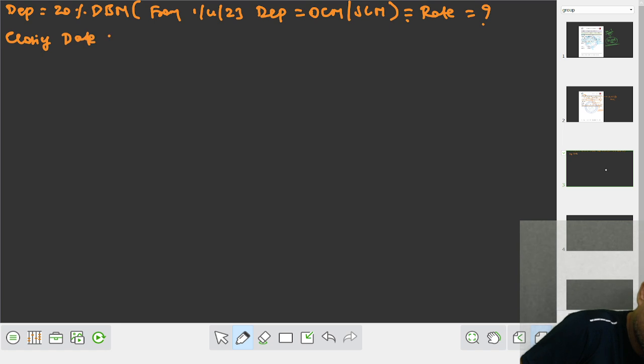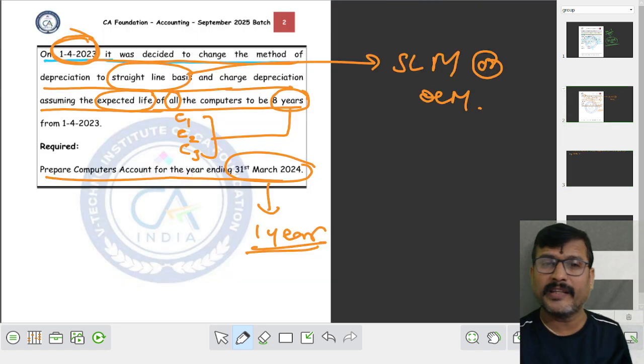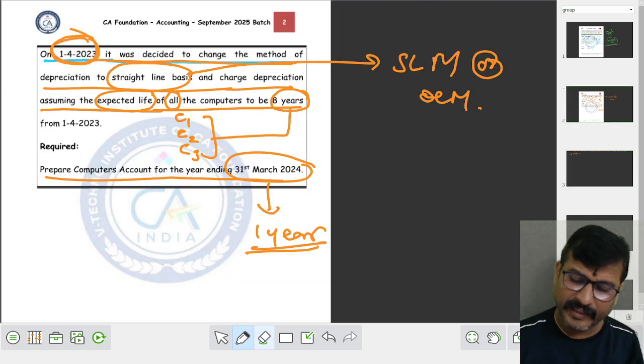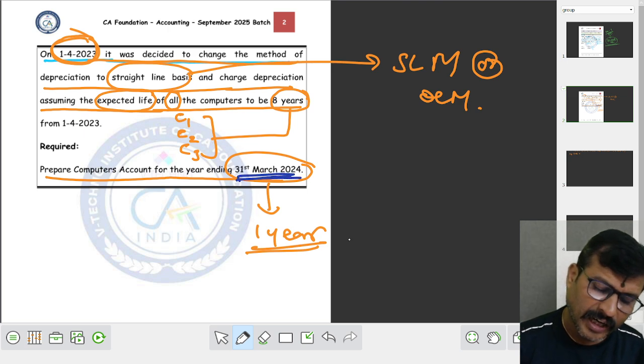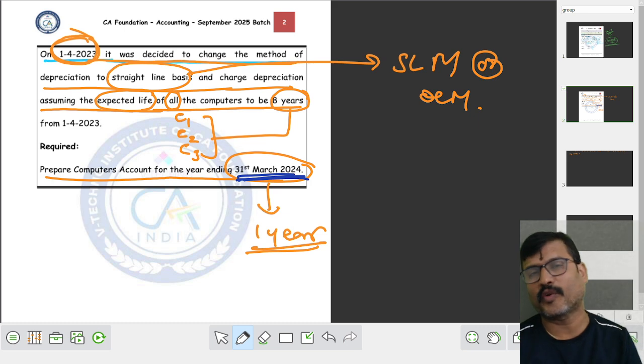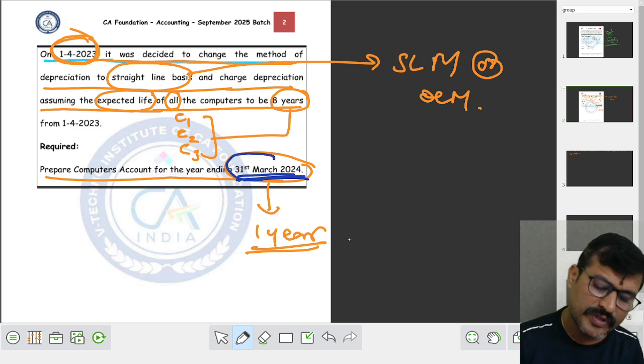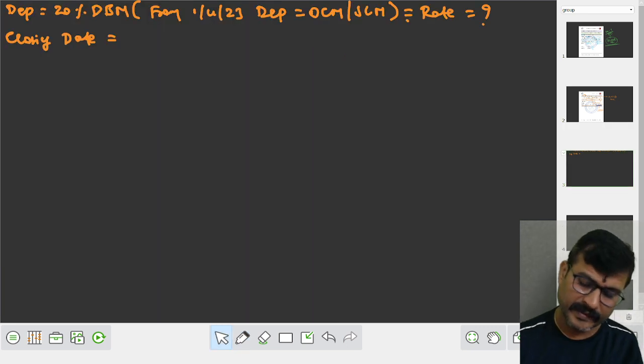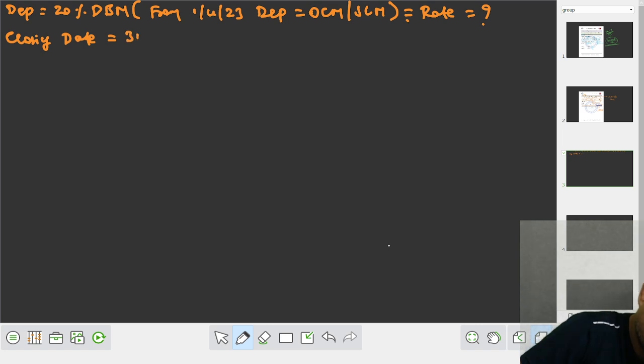Closing date. My dear children, when the accounts are closed, very easily we can identify. On 31st March 24 we have to prepare, which means accounts are closed on 31st March every year.